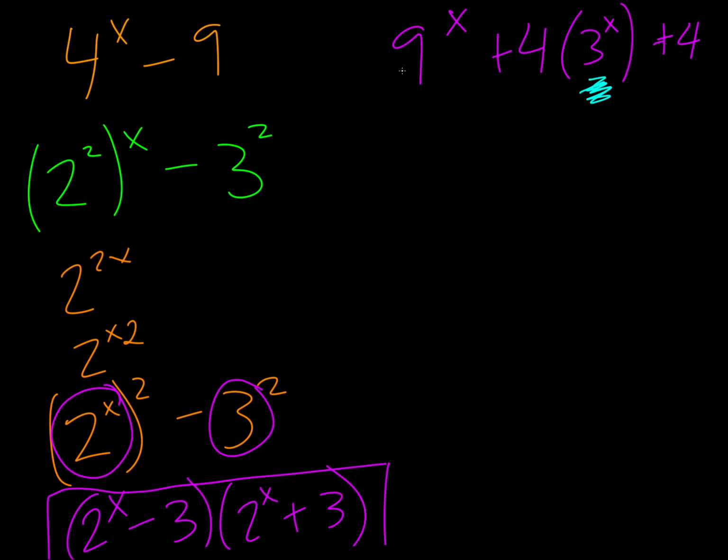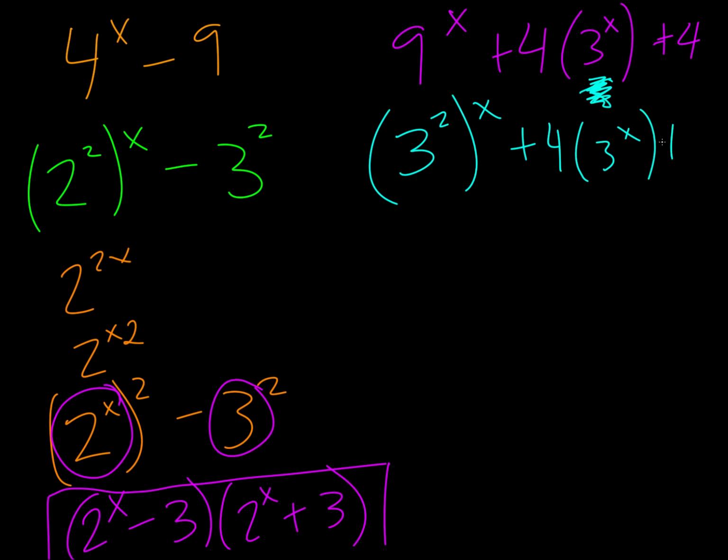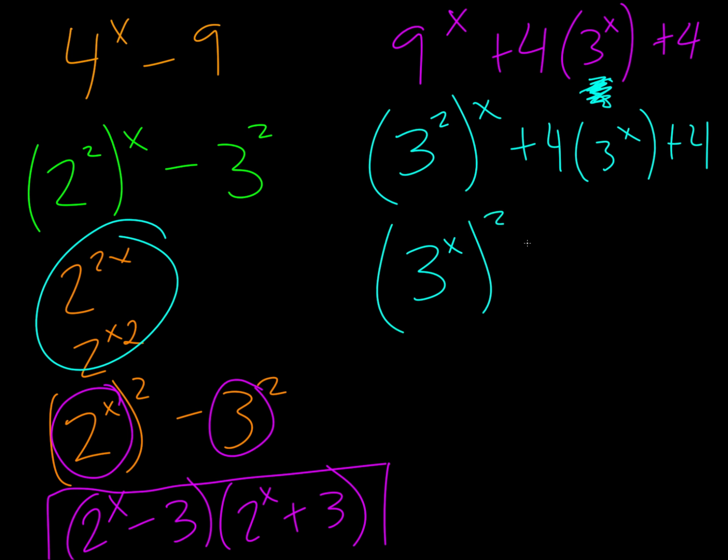We want to get it in the same form as this, so we're going to say 3 squared to the x. And we're going to use the same trick that we used right here, where we can just interchange these. And so it's 3 to the x squared plus 4, 3 to the x plus 4.